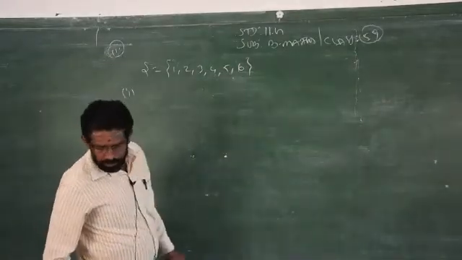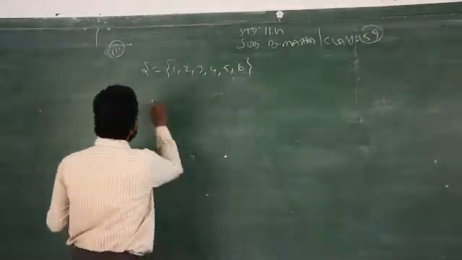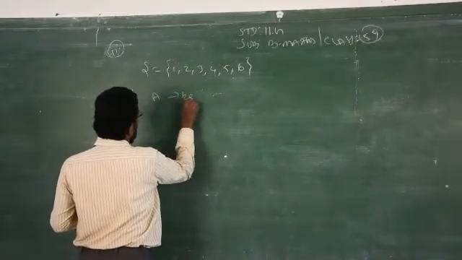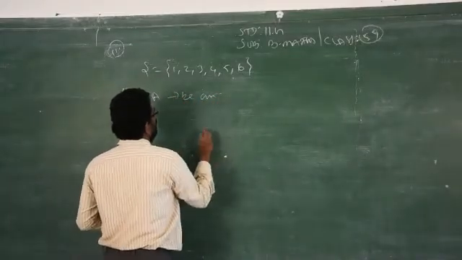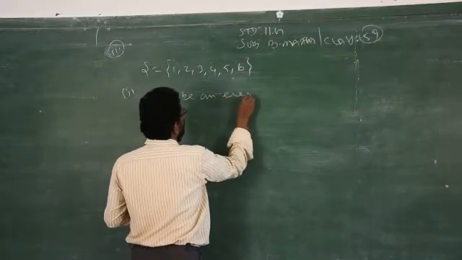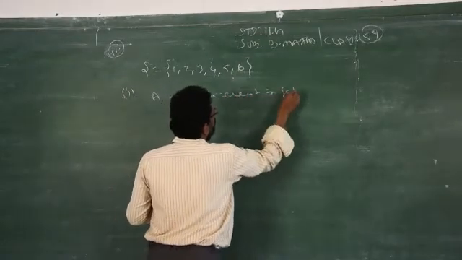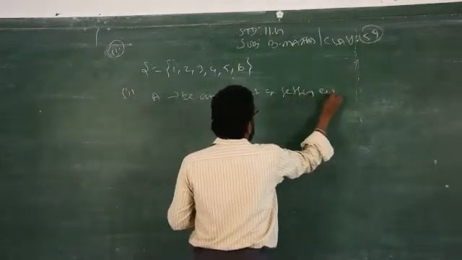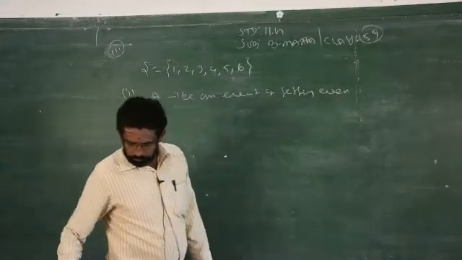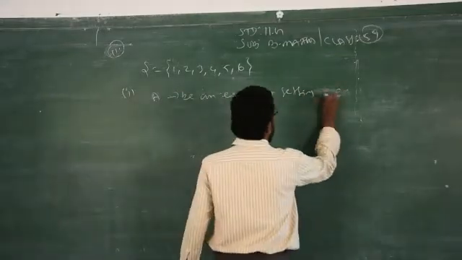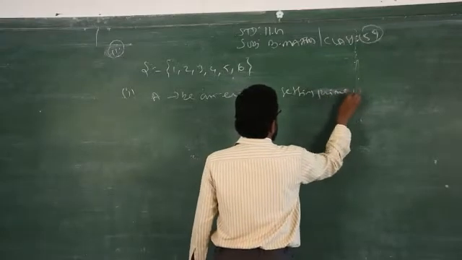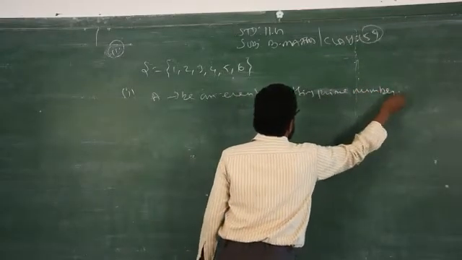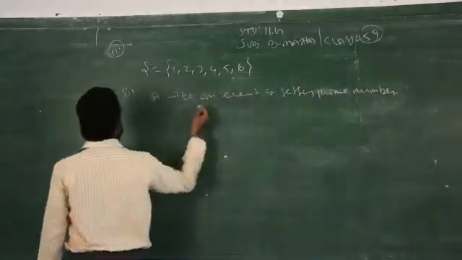First one, a prime number. So you have to define: let A be the event of getting a prime number. So what prime numbers are there in that outcome?